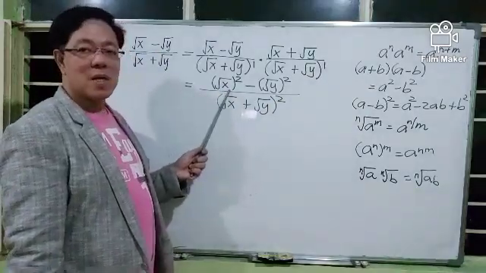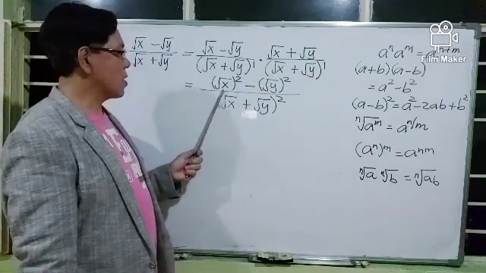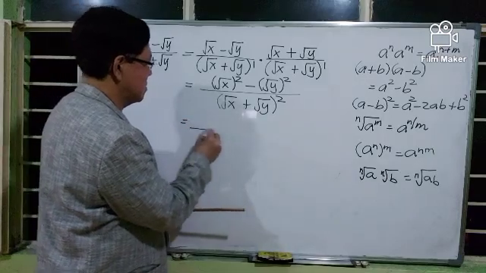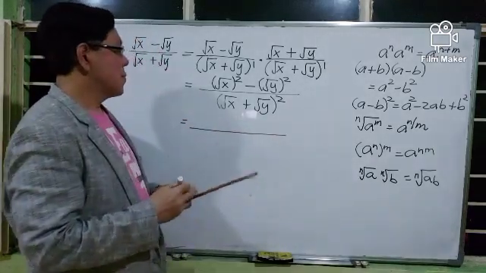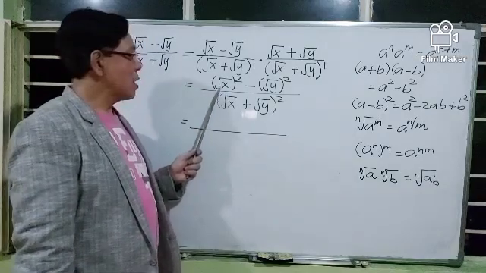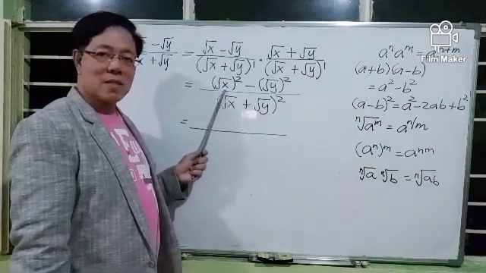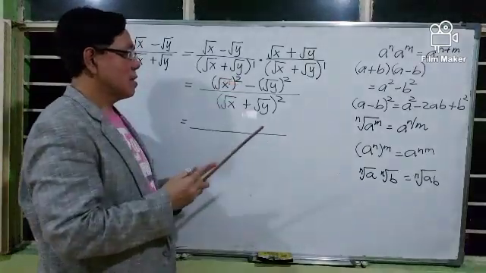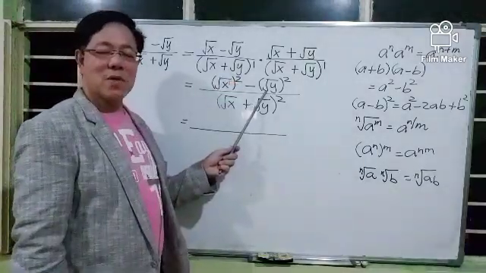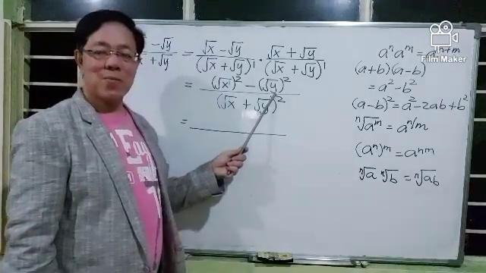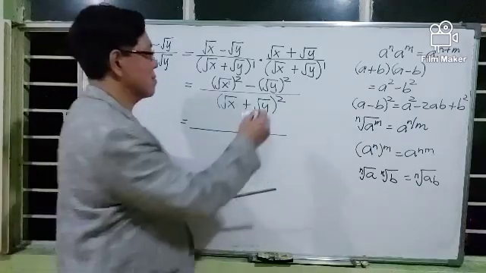For the first term of the numerator, we have the square of square root of x. For the square root, the index is understood to be 2, and if you write the exponent of x, its exponent is 1. The same with the square root of y: the index is 2, and the exponent of y, if you want to write it, is 1.